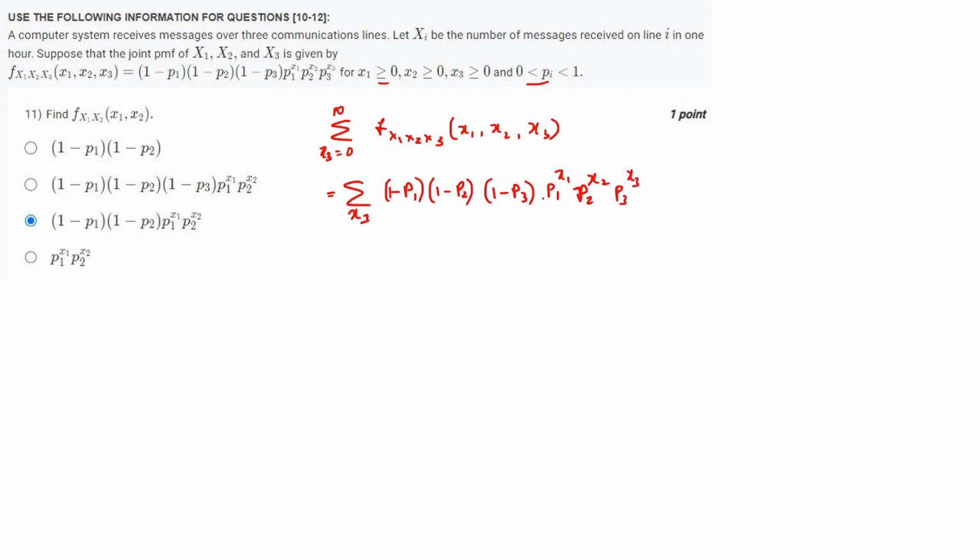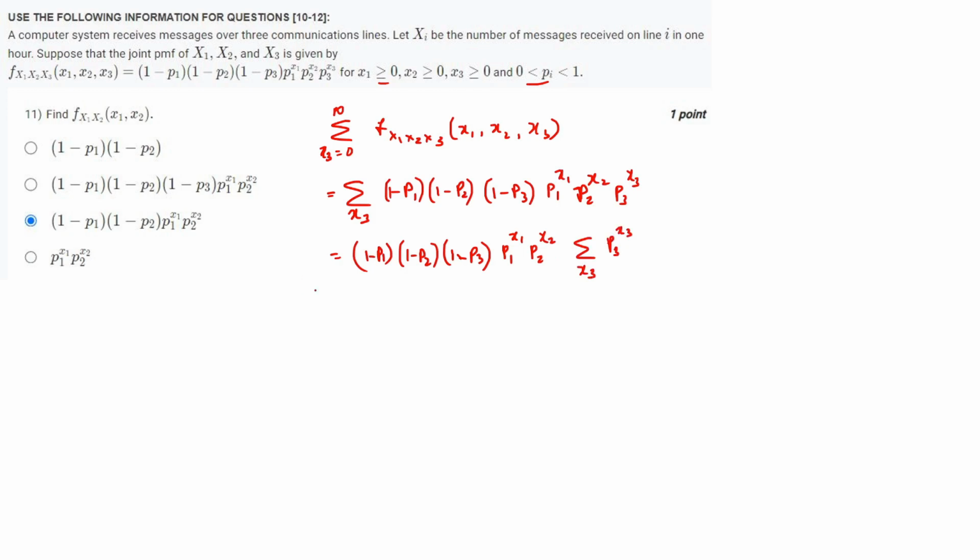So I'll take all these terms outside, so that is (1 minus p1) into (1 minus p2) into (1 minus p3) into p1 to the power x1 into p2 to the power of x2 into sigma over x3 of p3 to the power x3.